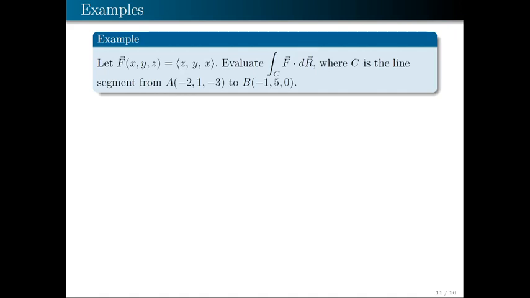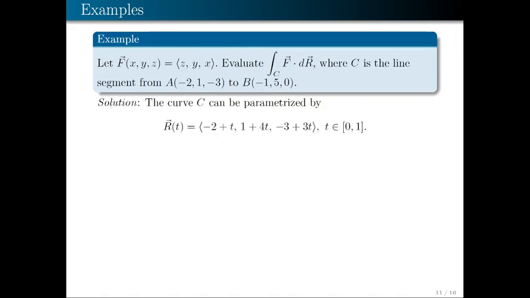Next, here we have an example that wants us to find the line integral of F dot dr over the curve C, where F is given by the vector field z, y, x, and C is the line segment from the point A, which is negative 2, 1, negative 3, to the point B having coordinates negative 1, 5, 0.